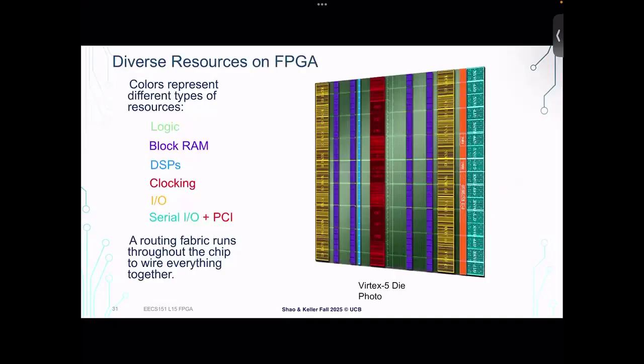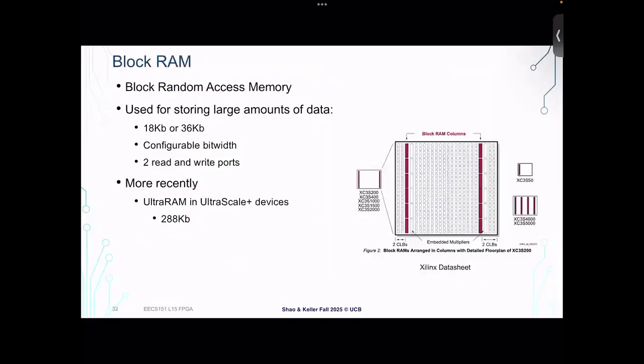And so in particular, a modern FPGA is made up of many different diverse resources, of which the programmable logic is only one. There's lots of them. We're going to talk about a few of these. You can see this cartoon die photo where they have all these different colors here. So block RAMs are an important one.